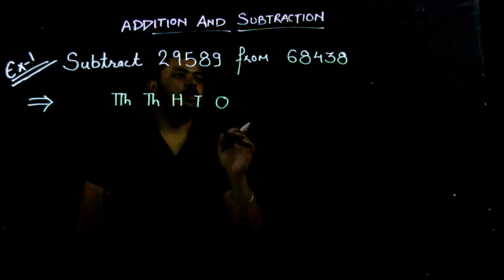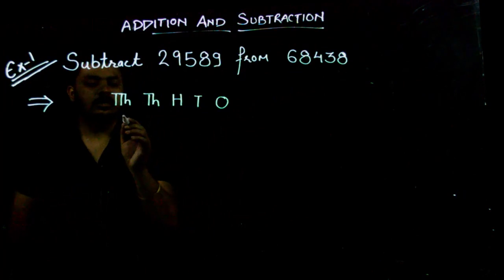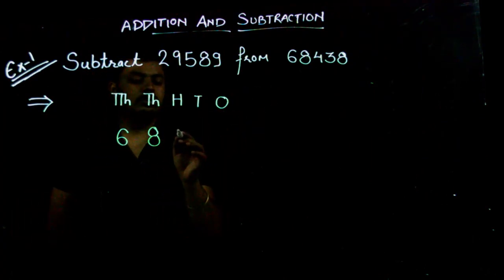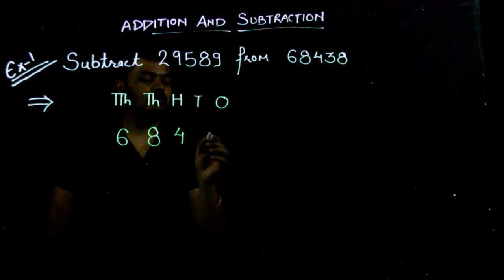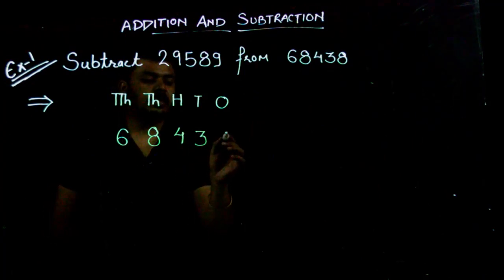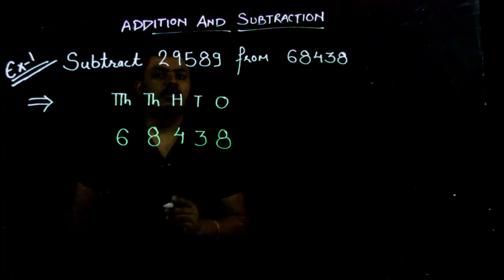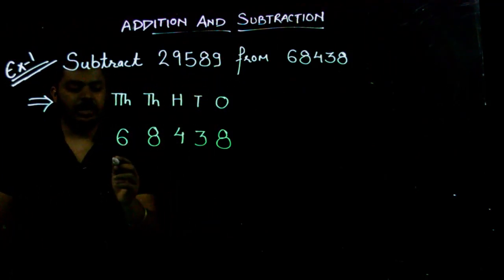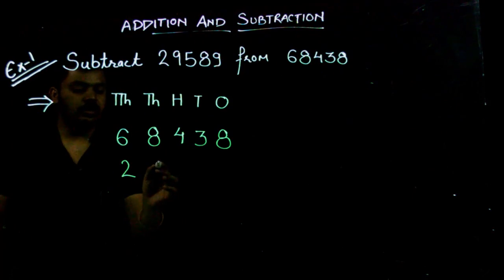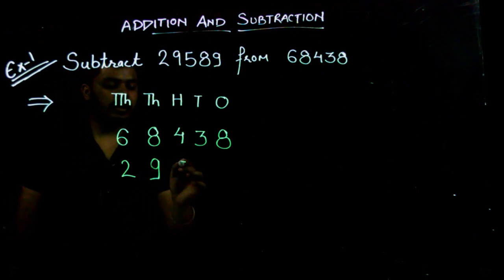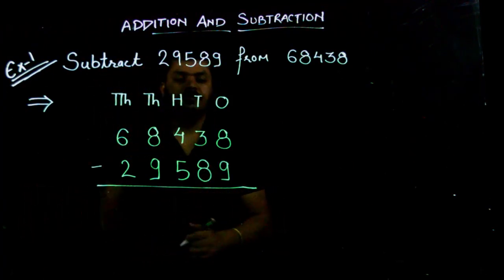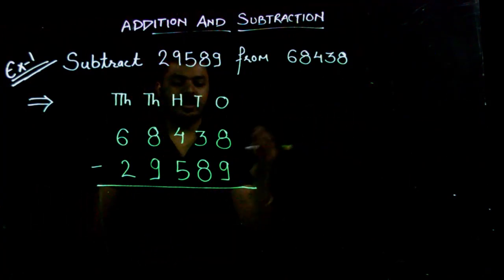So my number is 68,438: 4 in hundreds place, 3 at tens place and 8 at ones place. Now the number to be subtracted is 29,589. So let's start from our ones column, that is from the right hand side.